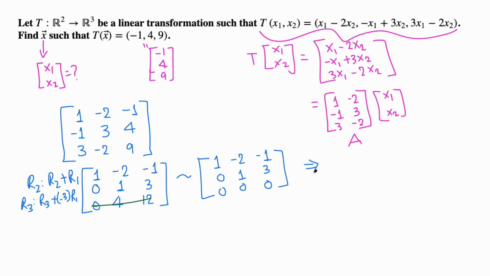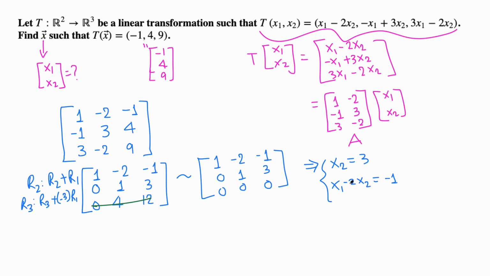From this we always work backward from the second row. This is 0 x1 plus 1 x2 equals 3. And from the first row, 1 x1 minus 2 x2 equals negative 1, and we got x2 equals 3.